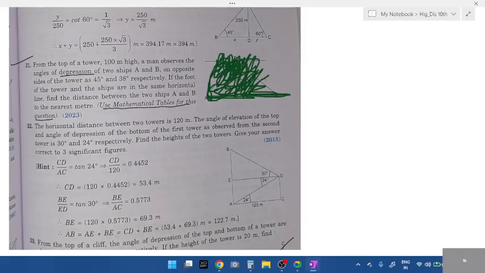Let me know if you're done with the question. Completed? Okay, I'll teach you how to draw the diagram, students. If they don't give a diagram, look, I'll tell you how to draw.